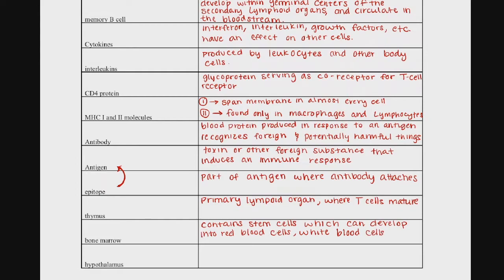And finally, it can also develop into platelets, which help with blood clotting.